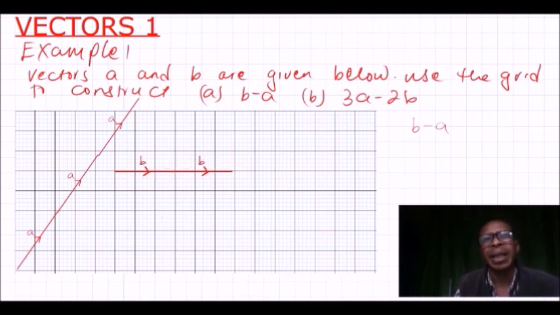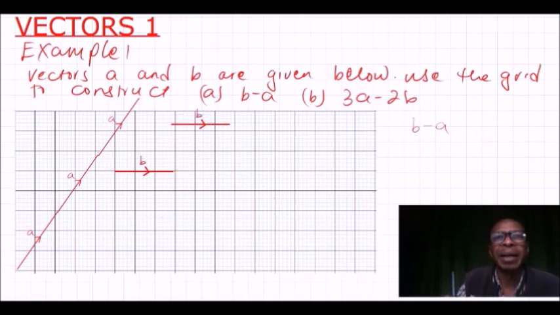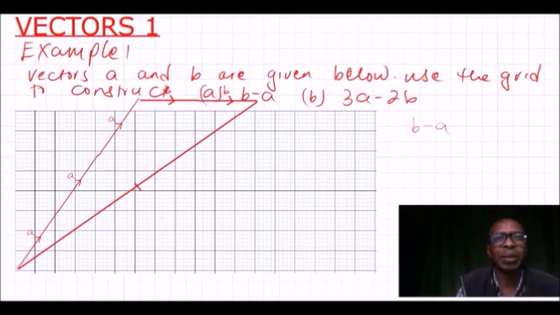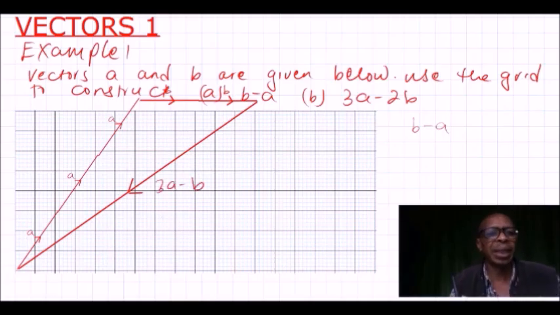Now we have 3A, so we can now bring our B here, and therefore the vector that will represent this will be 3A minus B. So this is what we have, 3A minus B. So that's how you go about it, and that brings us to the end of that lesson.